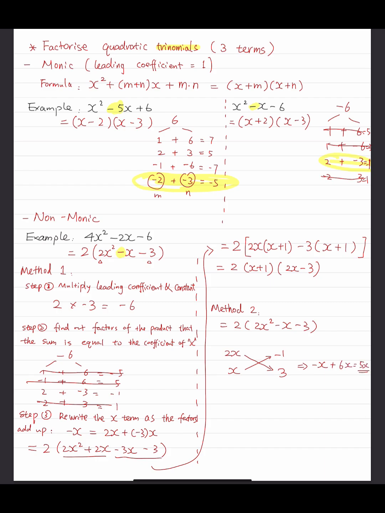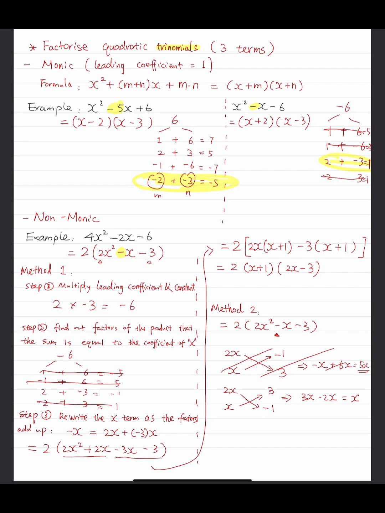This is not the right combination since we're trying to match the coefficient of the x term, which is -1. So this combination doesn't work. We're going to try something else. We swap the numbers here, like so. Undergo this cross multiplication, and you end up with 3x minus 2x. You get 1x, which is the opposite sign.